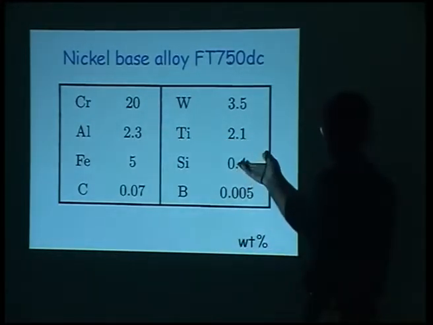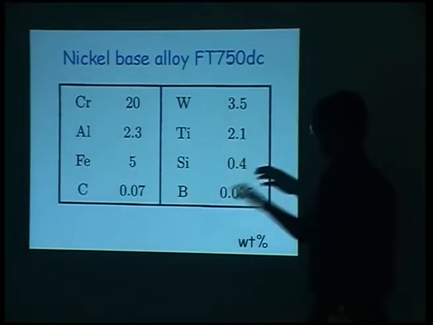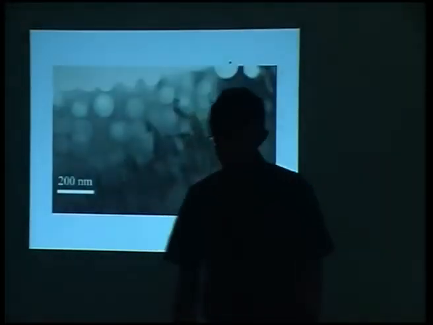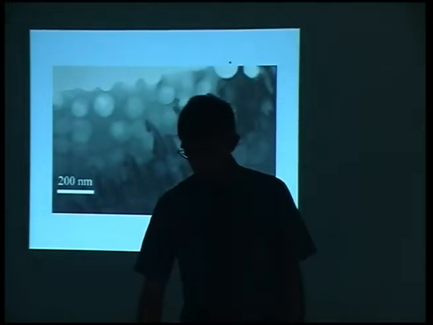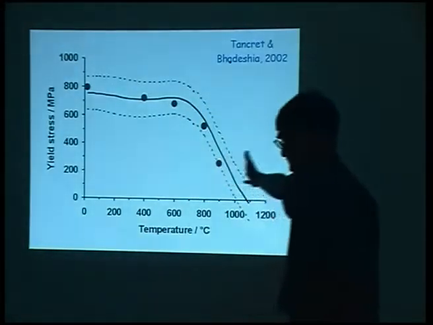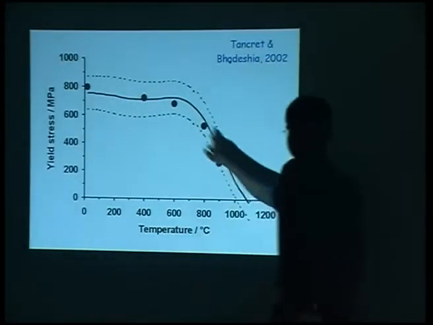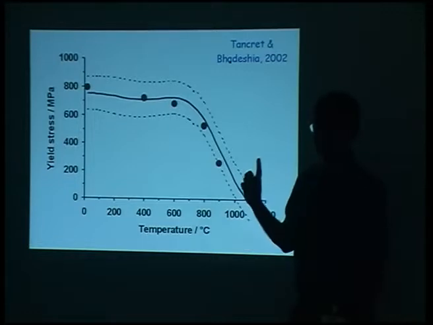Similarly, we don't really want silicon, but they claim that for casting properties they need silicon. So we came up with this design of alloy, and of course there's a microstructure issue, I won't go into that. And this was our prediction, and these are the actual properties that we got from it, in the first iteration.